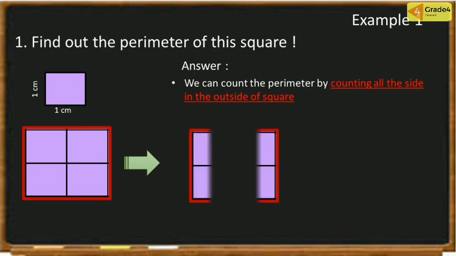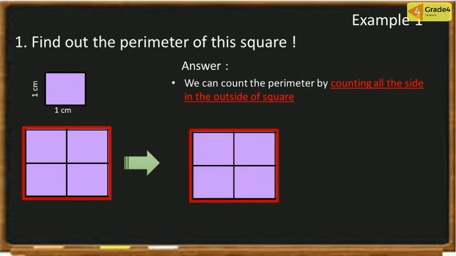This square consists of 4 square units. 1 square unit is 1 centimeter. The side of the square consists of 2 square units, which means 2 centimeters for each side. And then we can add all the sides of the square to count the perimeter.